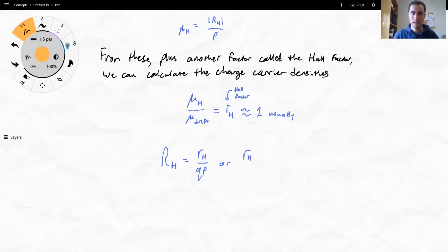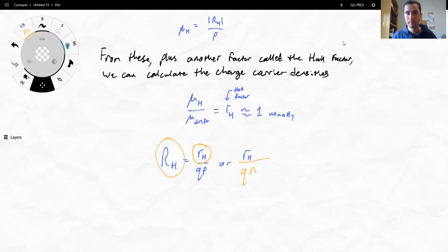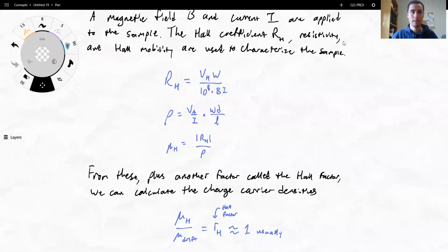So from there, we have our R sub H, which is our Hall coefficient, which is equal to our Hall factor, which is about 1, divided by Q, our fundamental charge, times, in this case, our concentration of holes, p, and then, this didn't get finished, the Hall factor divided by Q times N. Right, so if you do a Hall measurement, you will be able to measure these, and that.